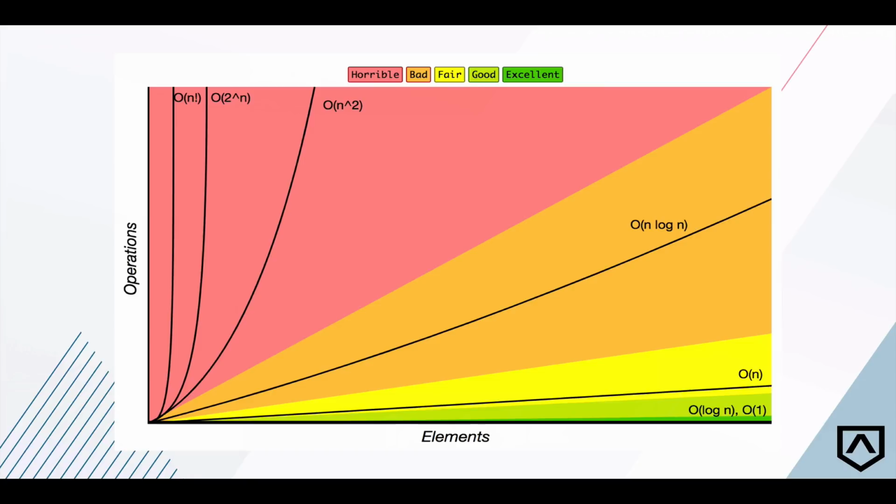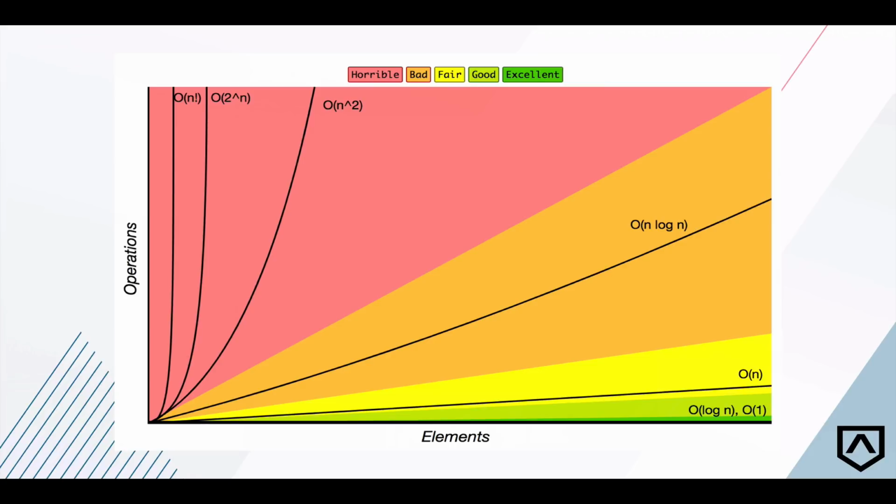We see at the bottom that O of 1, which is constant time, O of some c, where 1 in this case is just a constant, as well as log n, are down at the bottom. So they exhibit performance where, when the number of elements increases, the number of operations the algorithm needs to perform doesn't increase. Either it doesn't increase at all in the case of constant time, or it doesn't increase very much in the case of log n.